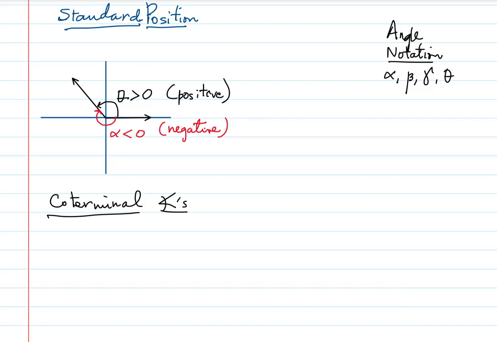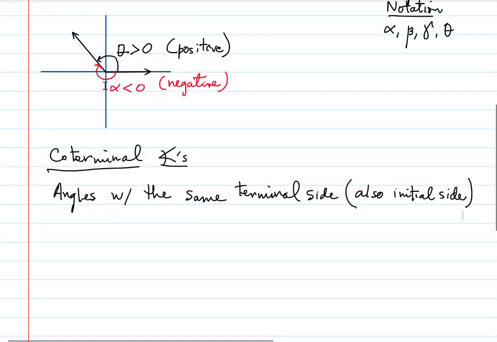So coterminal just means both of them have the same terminal side. These two angles here, theta and alpha, would be coterminal. Even though one is positive and one is negative, notice the definition just says they both have to have the same terminal side. They're both starting from the same initial side, and then one goes counterclockwise, the other one goes clockwise.